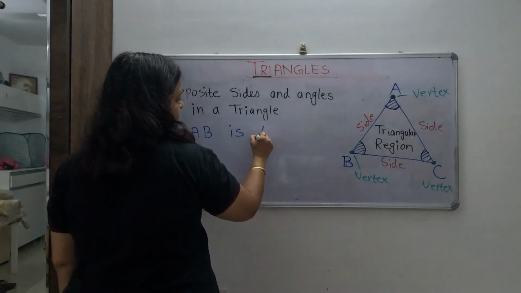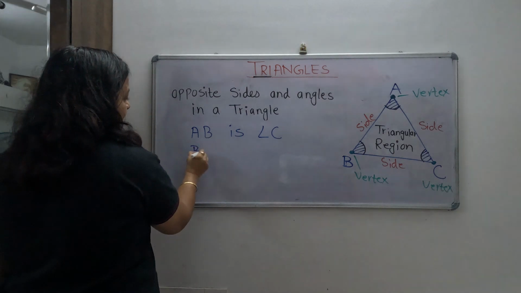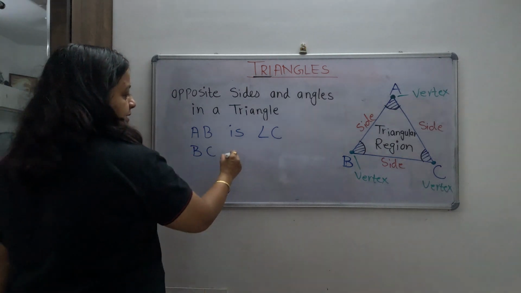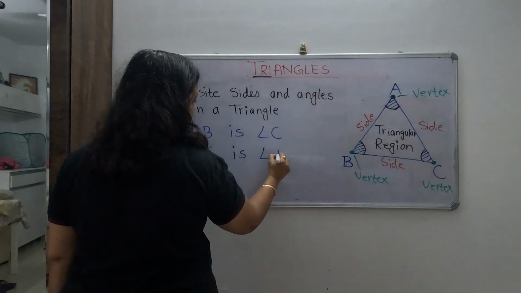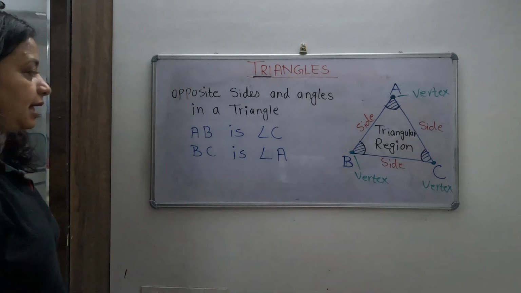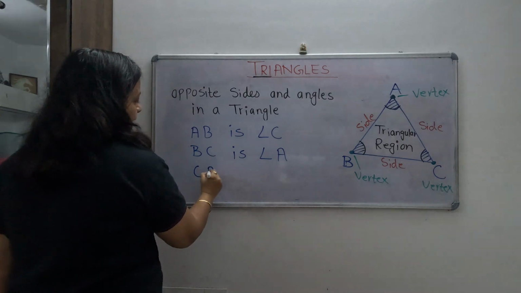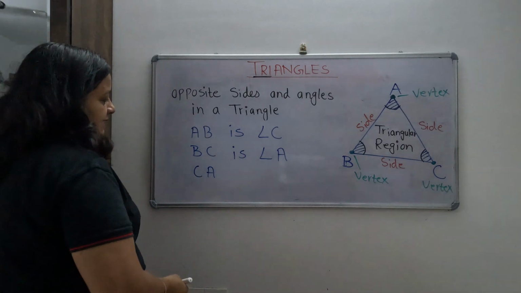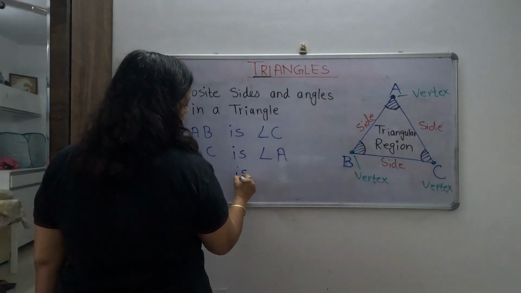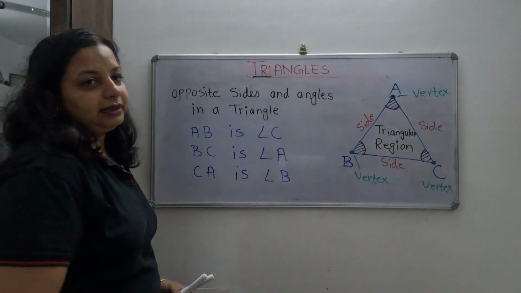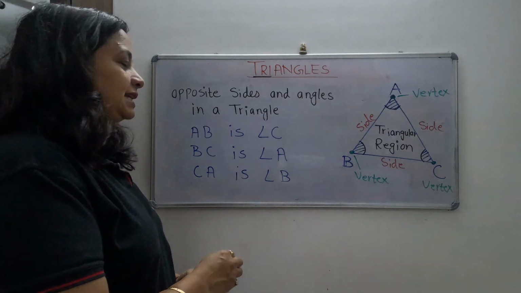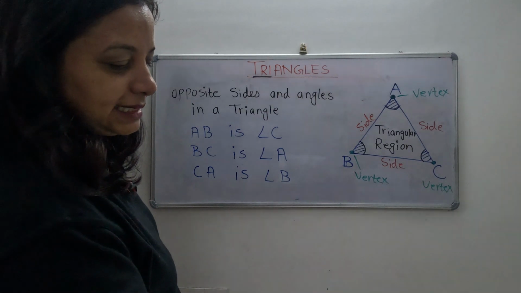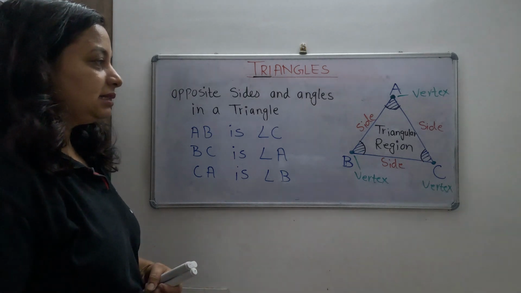Of course, C. And the angle opposite to side BC is angle A. And the angle opposite to side CA is angle B. It looks very simple, but yes, it's very important also.